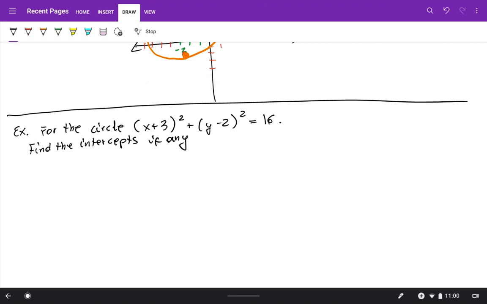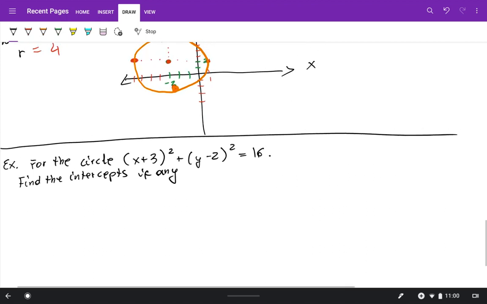Again, if they talk about intercepts, we have to find x and y intercepts, if any, because a circle doesn't really have to intersect any of the axes. Okay, each circle is different. And graph the circle. So we'll just graph it one more time.